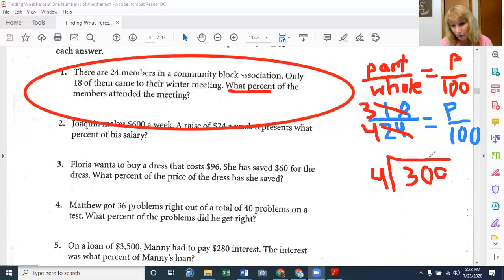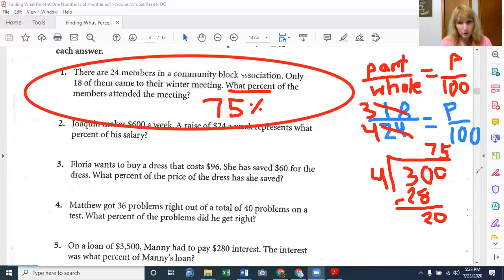So 4 goes into 30 seven times. 4 times 7 is 28. 28 subtracted from 30 is 2. Bring down the 0. 4 goes into 20 5 times. There's your 75%. So if you don't recognize that 3/4 is 75%, you can just cross multiply and divide.